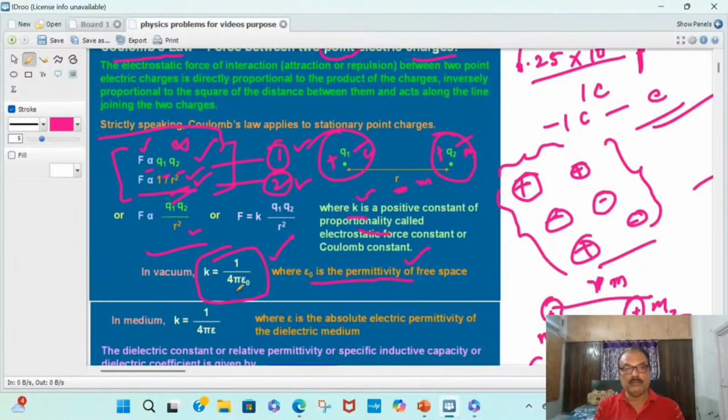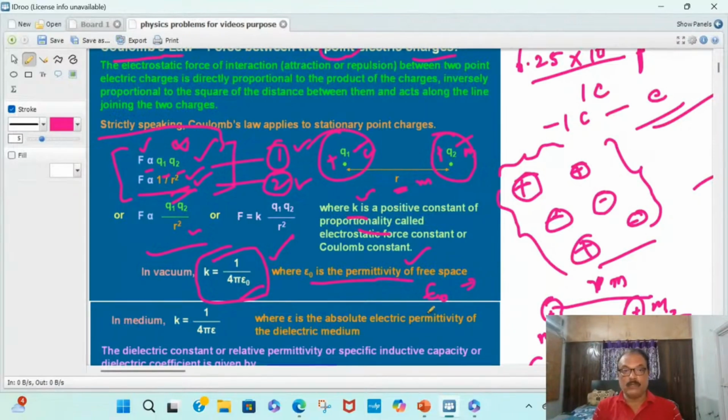That value is 1 by 4 pi epsilon. It is not required how this formula has come, but you should remember it from the examination point of view. So epsilon naught means free space, right?